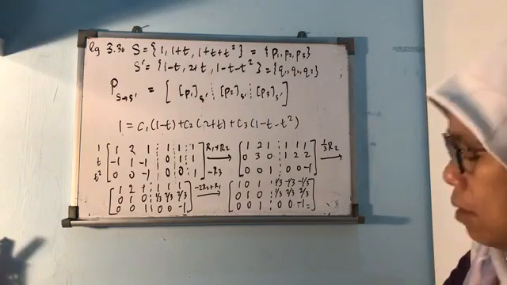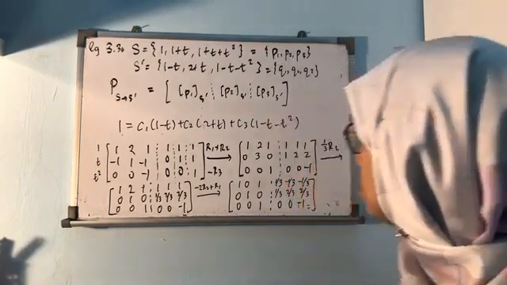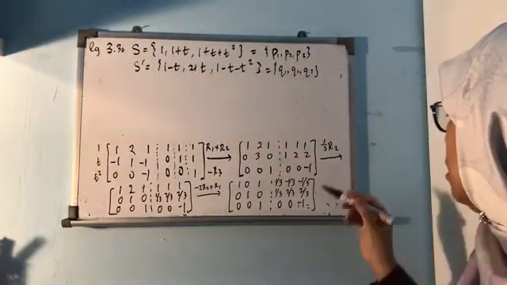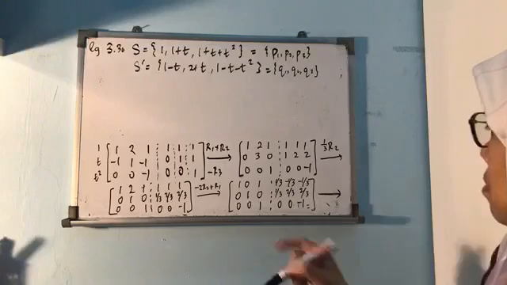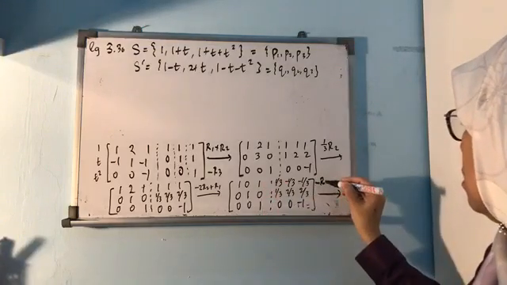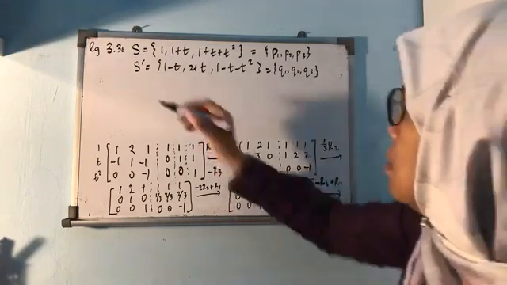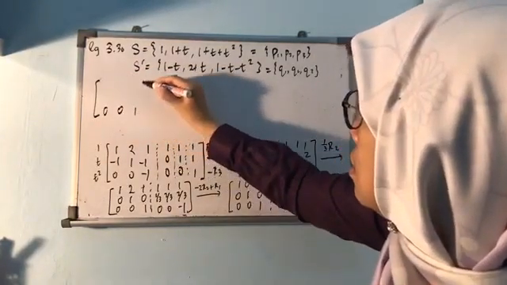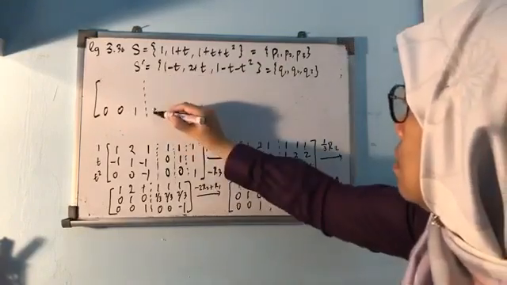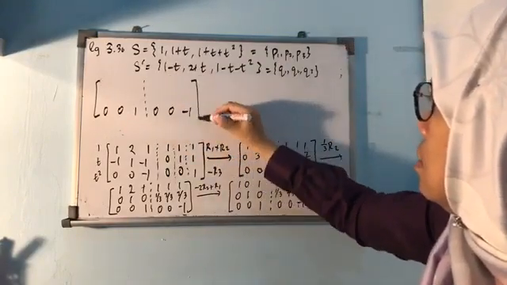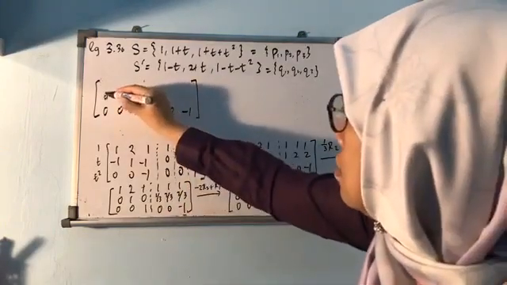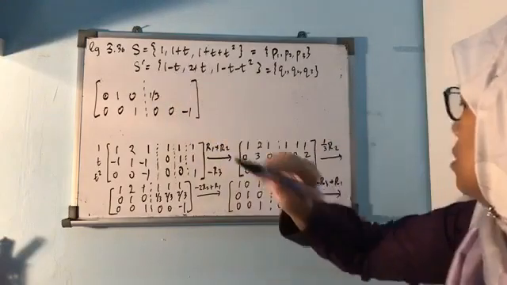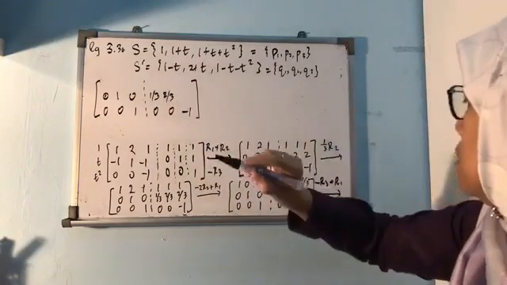Okay, then one more. One more is negative R3 plus R1. 0, 0, 1, 0, 0, negative 1, 0, 1, 0, 1/3, 2/3, 2/3.